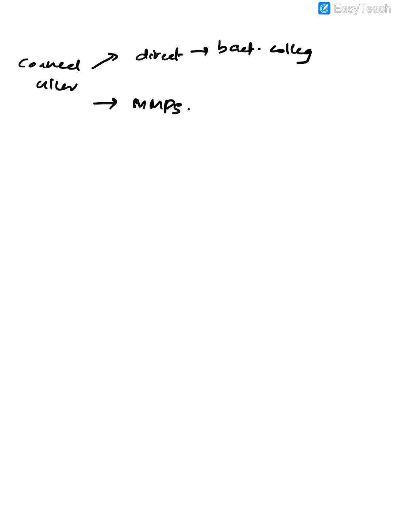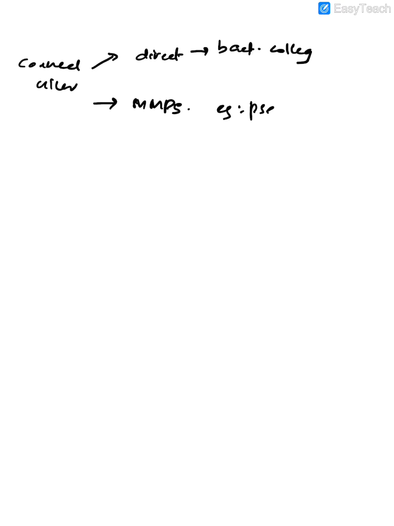In case of a corneal ulcer, there are various mechanisms by which the defect can occur. One is direct degradation by bacterial collagenases. Second is activation of matrix metalloproteinases.